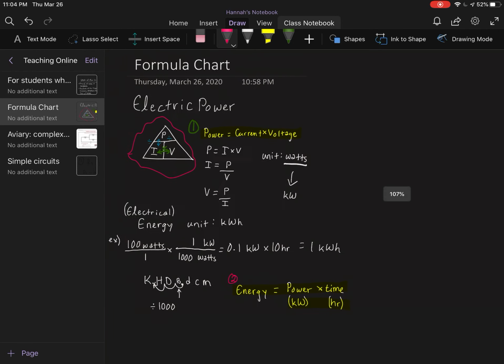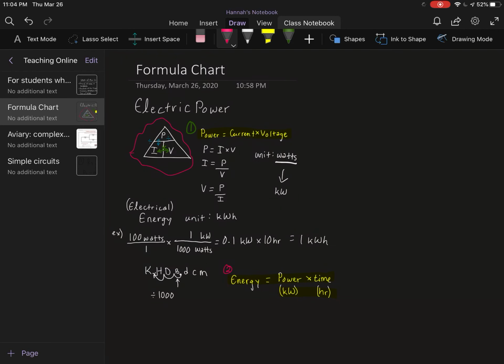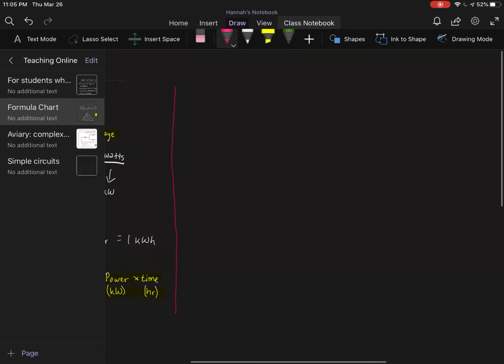The next set of notes that I want us to think about and recall are our Ohm's Law notes. So I'm going to separate these. All right, so pulling from the Ohm's Law notes. And basically Ohm's Law is voltage is equal to current times resistance. The new variable here is resistance.